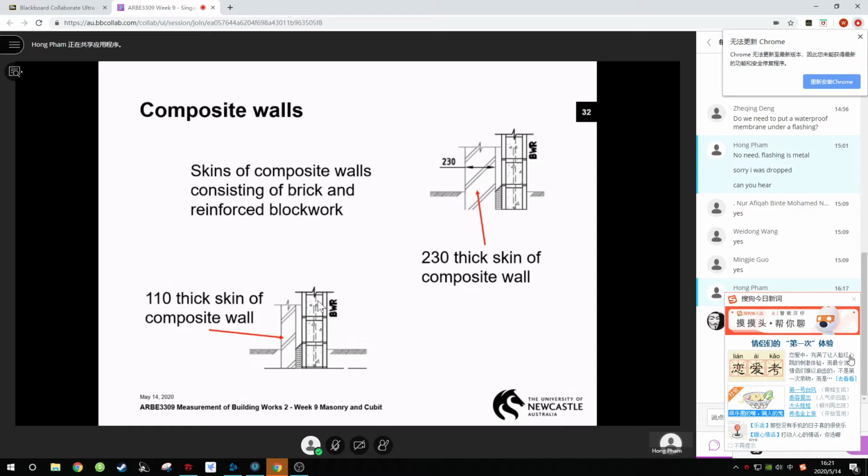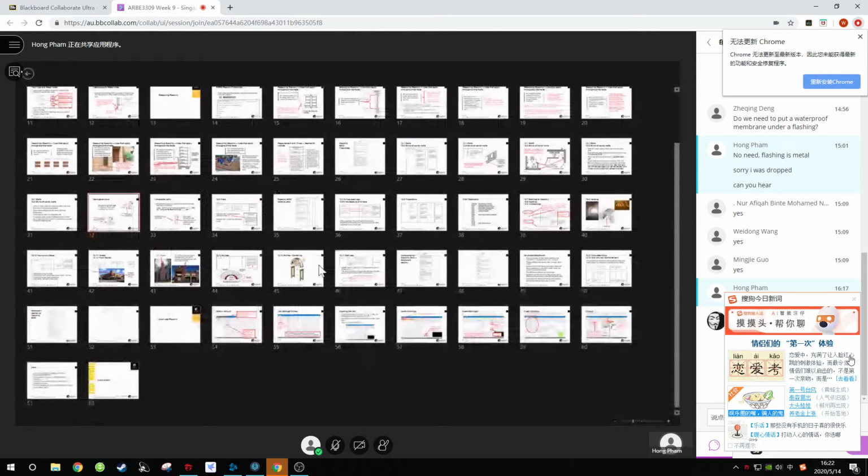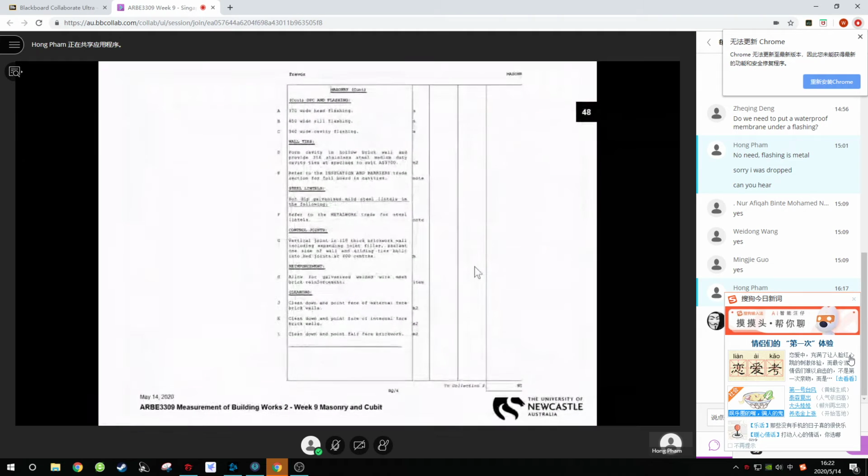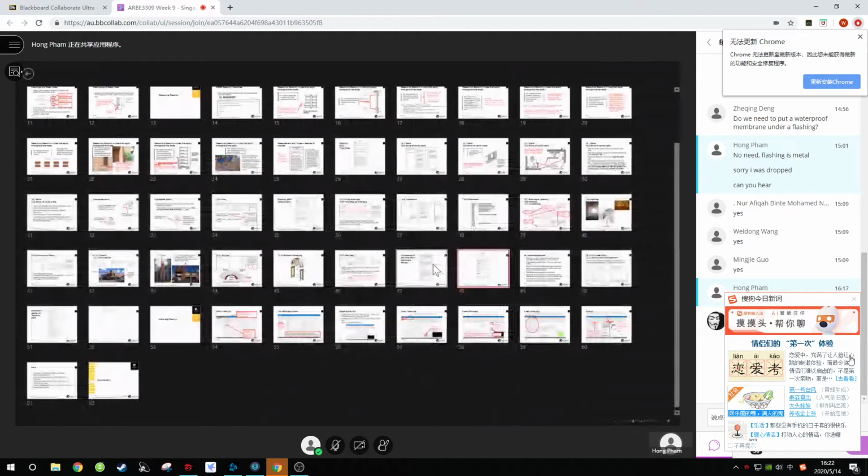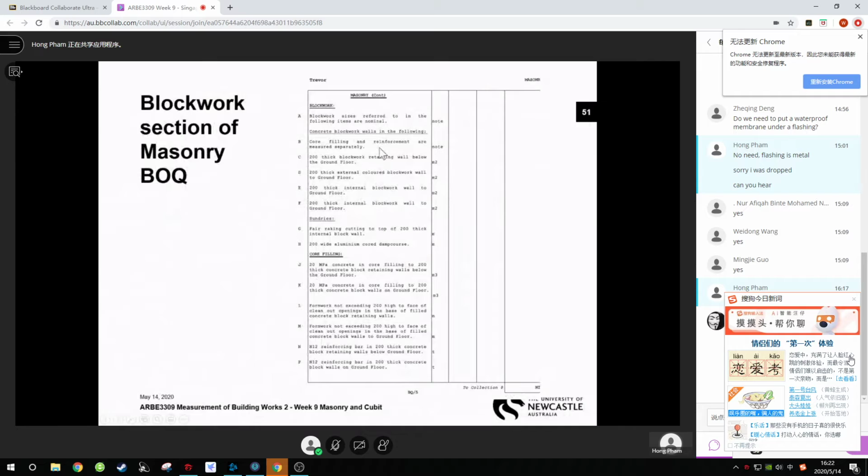Actually, I'm not sure whether it is internal or external here. Yeah. Let me see whether, are we going to measure block wall? Let me see. This is block work. See block work? For example, you see how they measure block work.